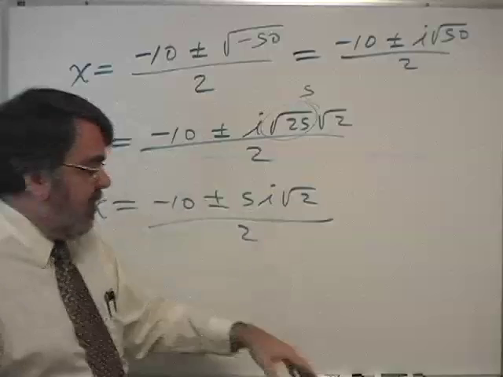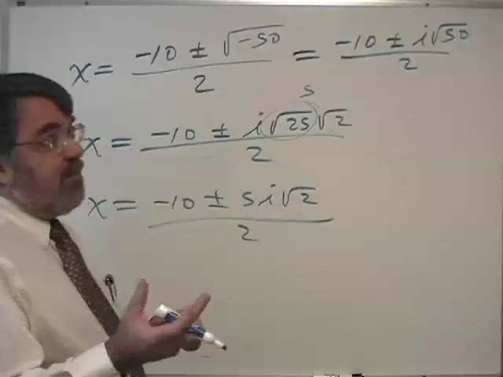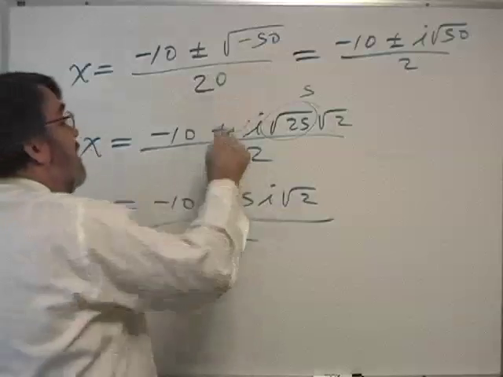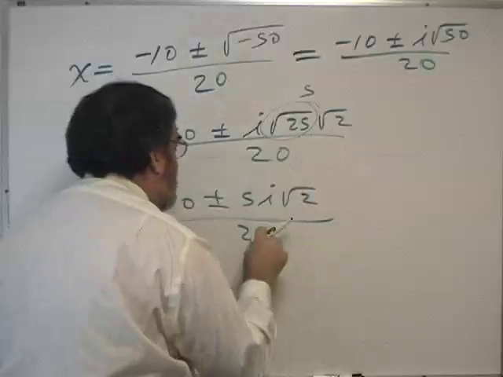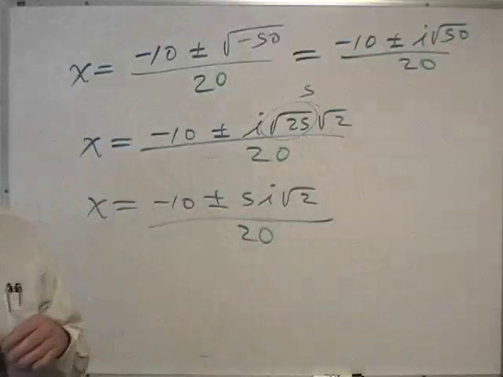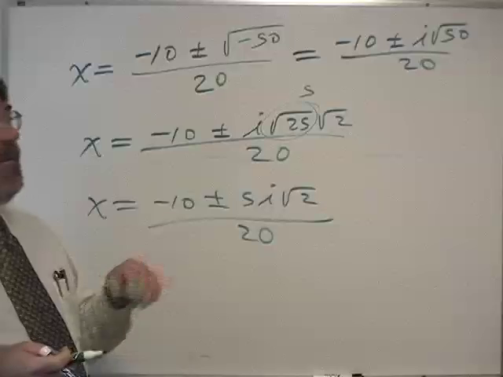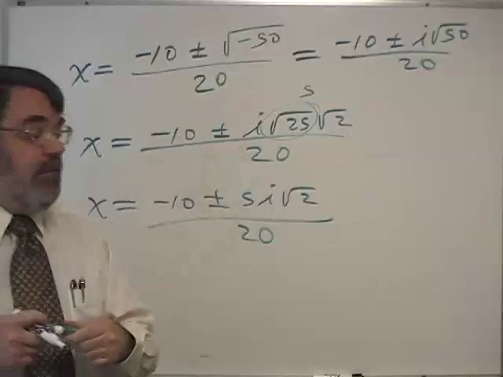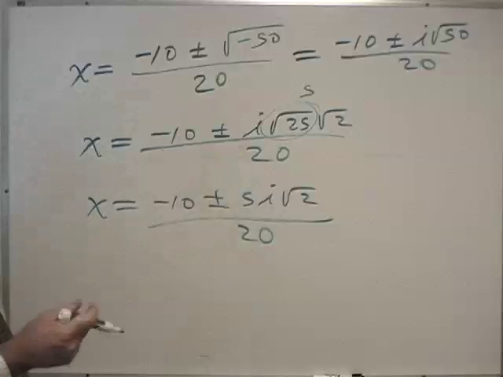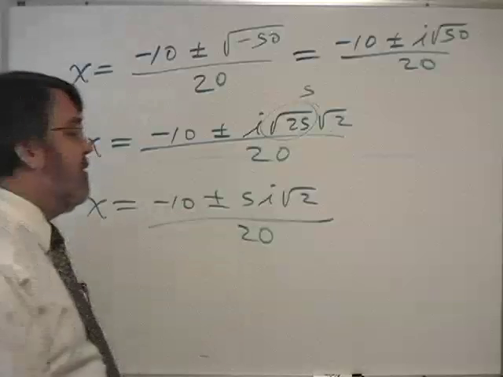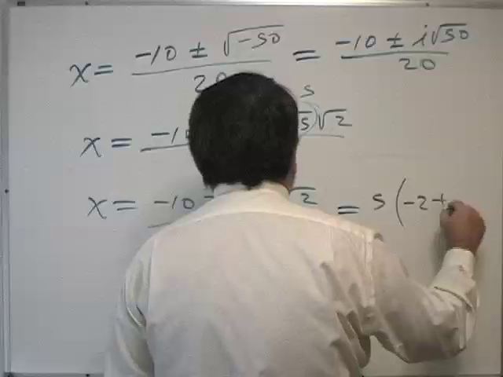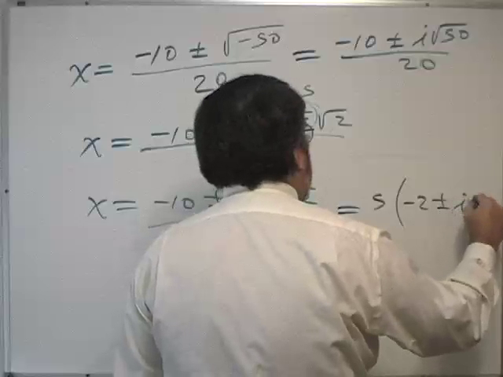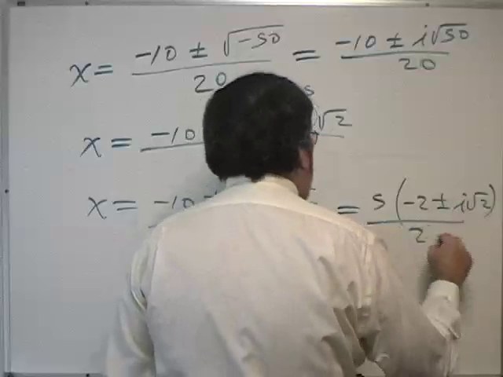Now, suppose that I had given you this problem. Suppose that was a 20 instead. All right, so new problem. It's the old one with a 20 down below instead of a 2. If that was the case, then we would factor the 5 out. And that would leave negative 2 plus or minus i times the square root of 2 over 20.